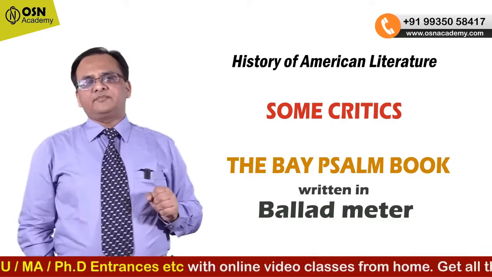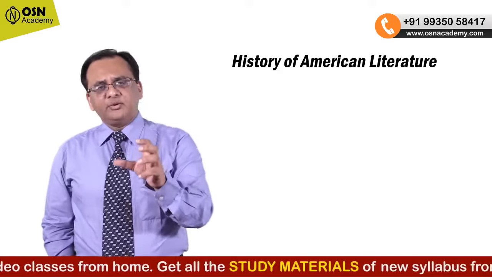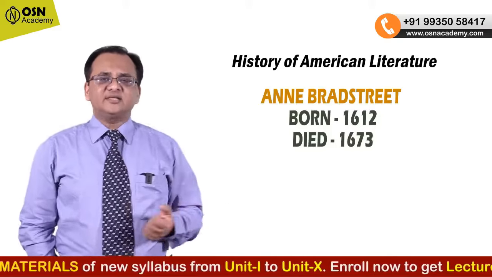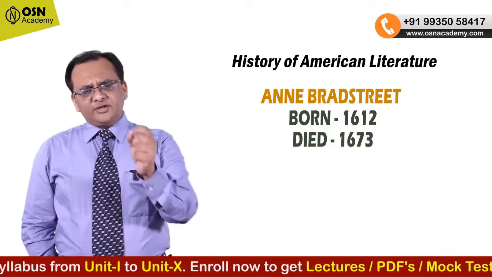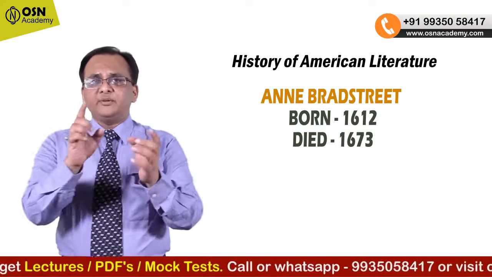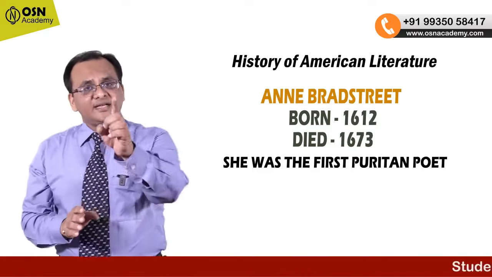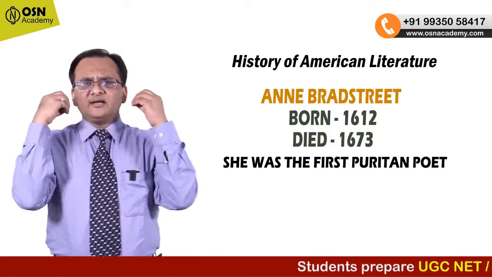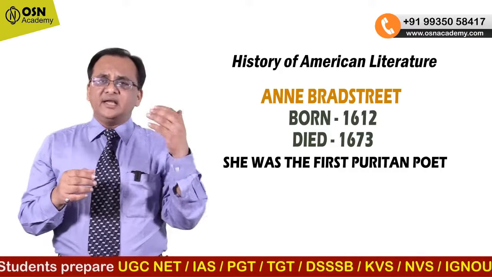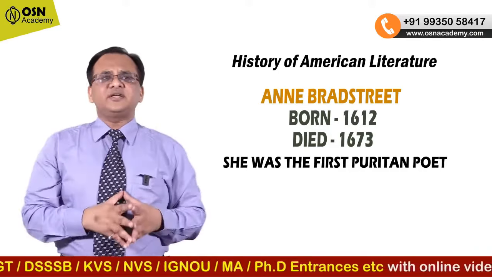Now, I will get into some minute details of a poet known as N.A. Bradstreet, who was born in 1612 and died in 1673. Note it down, students, that N.A. Bradstreet was the first Puritan poet, who immigrated to America at the age of 18 and had a great knowledge of English poets like Sidney and Spenser.